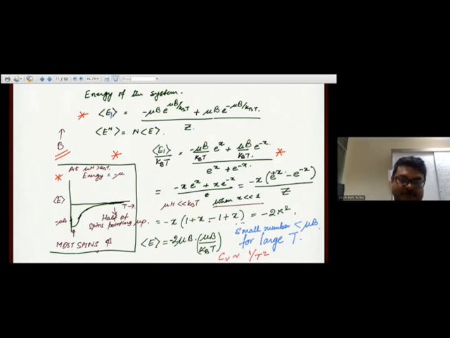So even qualitatively speaking, looking at the energy, and I've plotted it as a function of temperature. At very high temperature, for reasons that we discussed in the last class, qualitatively, an equal number of spins are pointing up and down. So energy will be basically minus mu b by kBT plus mu b by kBT.